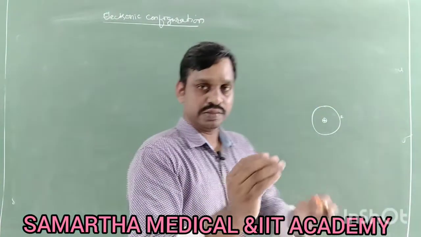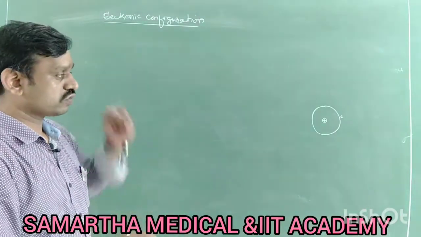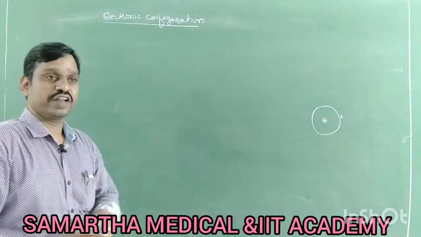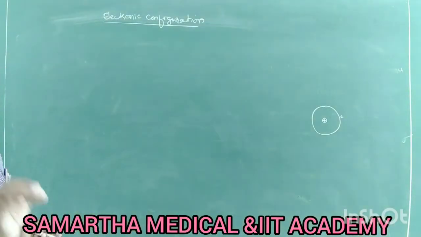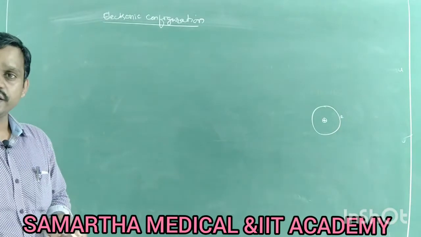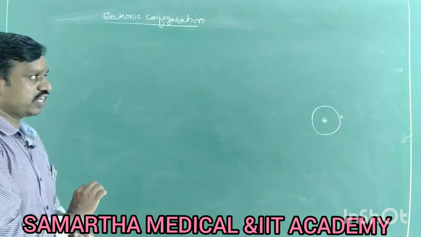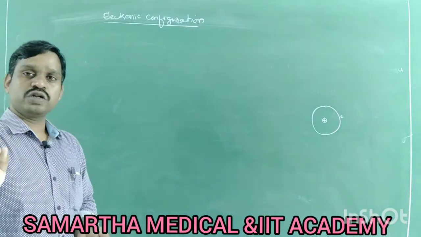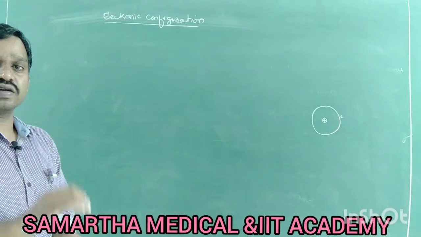Orbitals are the small parts where electrons can be distributed. So electronic configuration explains how electrons are distributed in orbitals. The simple definition: the distribution of electrons in various orbitals of an atom is called electronic configuration.